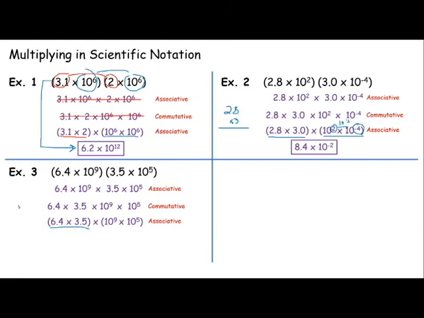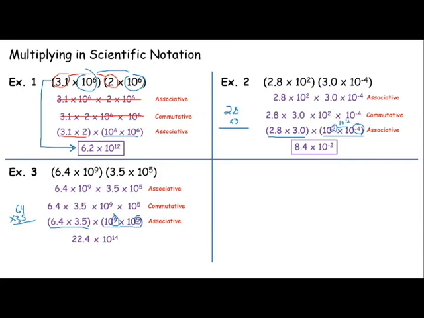I would probably have to do this by hand off to the side. There again, if you're allowed to use a calculator, you can just type that into your calculator to come up with the solution. And then you're going to do the 10 to the 9th times 10 to the 5th. The rule is we add the exponents together. This is going to give you a 22.4 times 10 to the 14th.